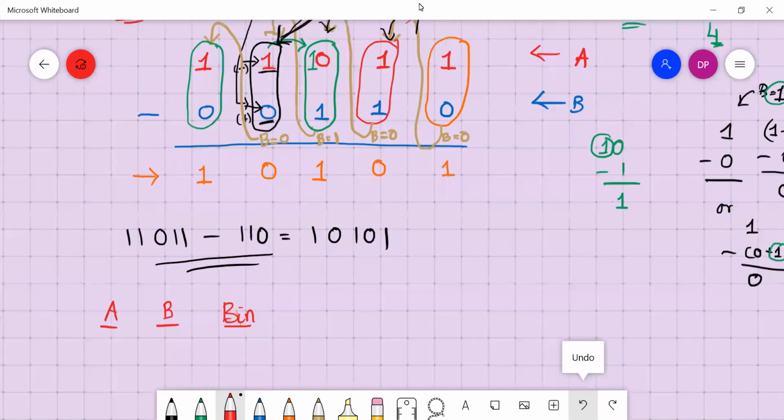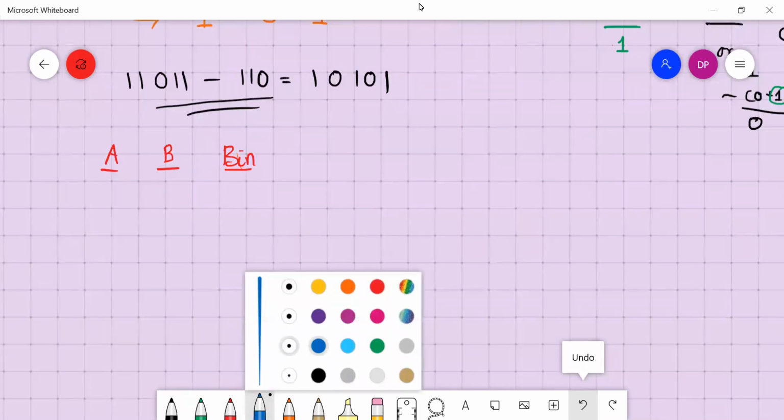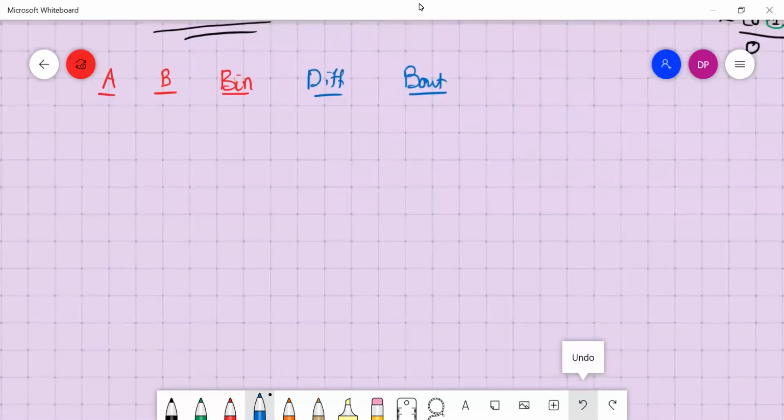And as usual, a subtractor should give me two outputs. One is the difference, another one is the borrow. I'm taking the borrow as borrow out, the borrow generated in the current subtraction. This is B out. So let's fill it.